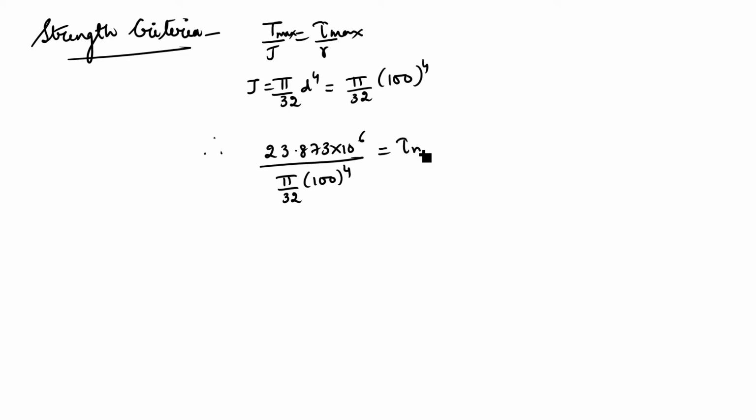I want to find the value of tau max. R will be 100 by 2. When you solve this, you will get tau max as 121.59 Newton per mm square.